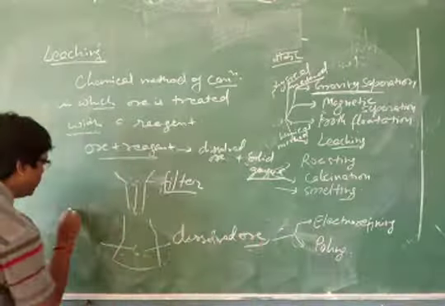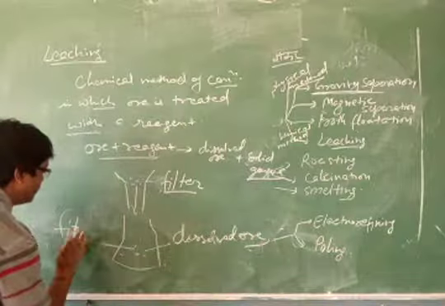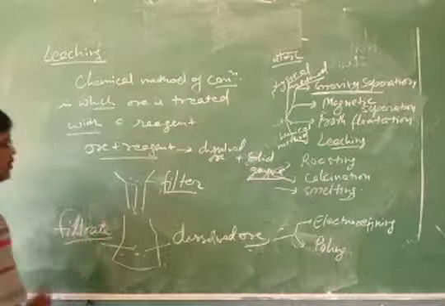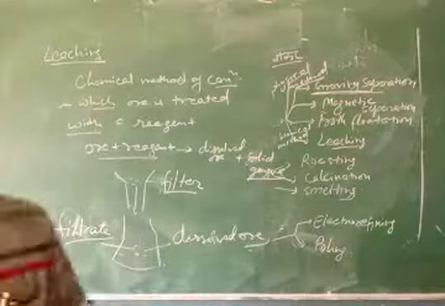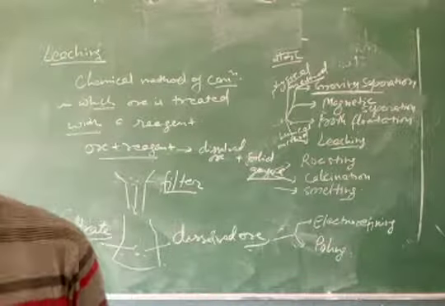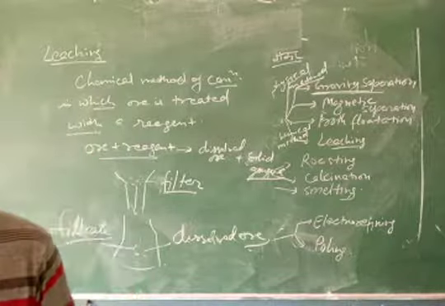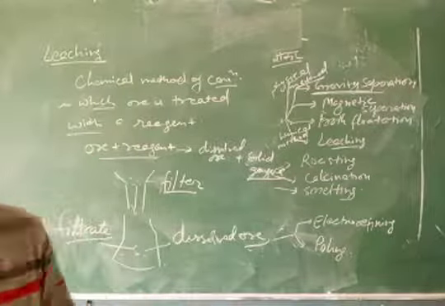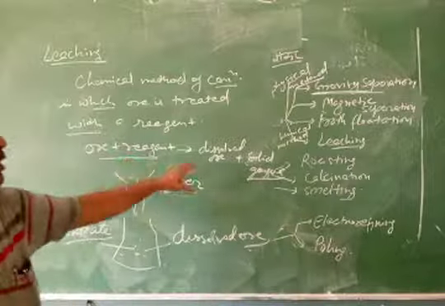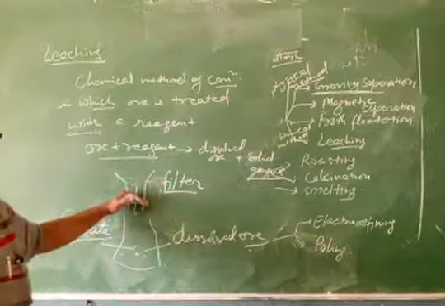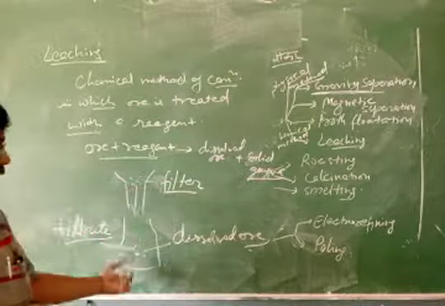This one is called the filtrate. The impurities or gangue particles remain undissolved and are removed by filtration.